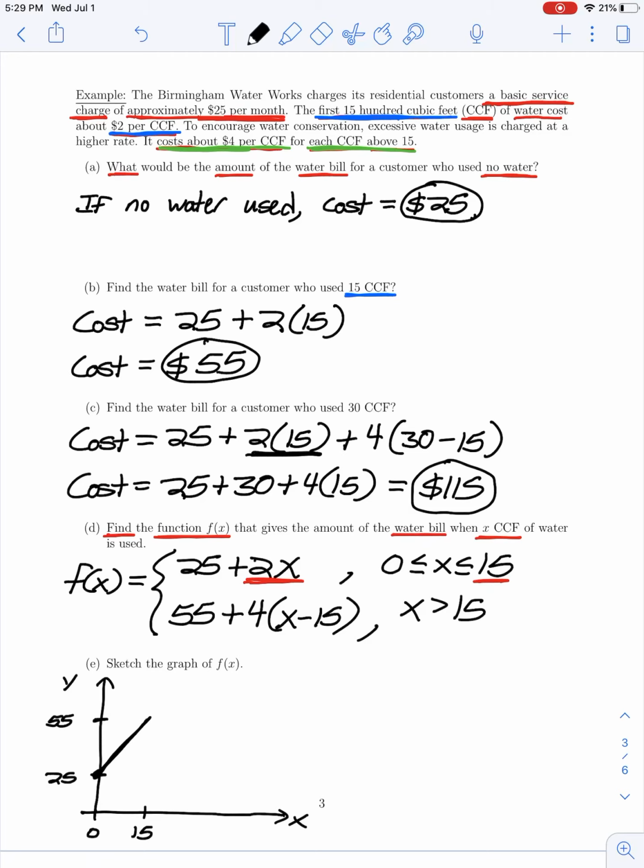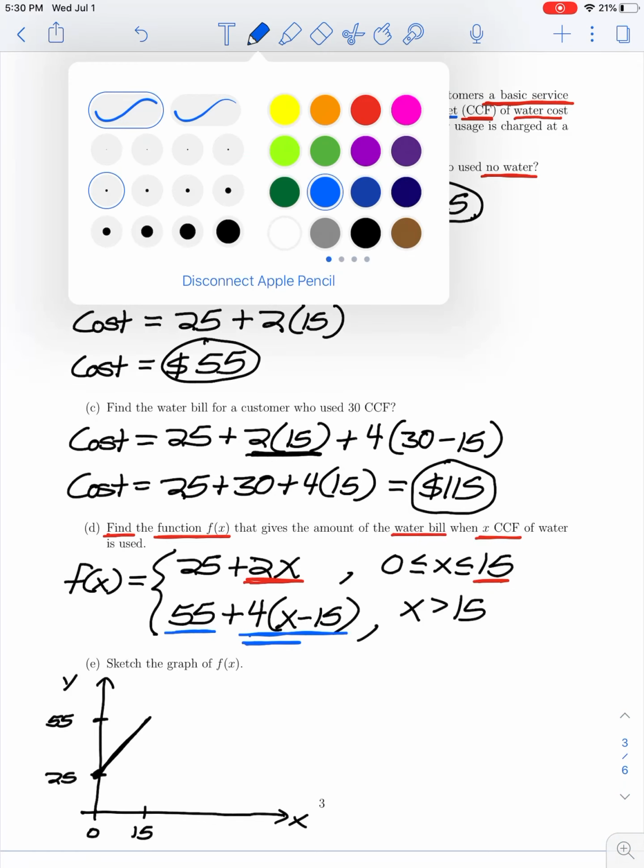Now, once we moved past 15, our function was defined as 55 plus 4 times x minus 15. So this now becomes a line of slope 4 as soon as we move past x equals 15.